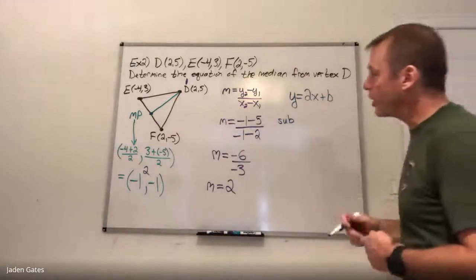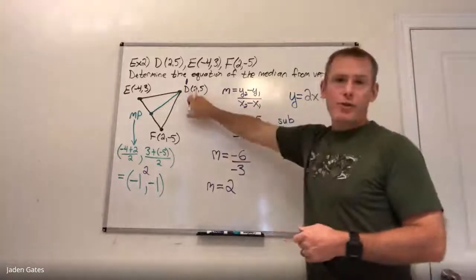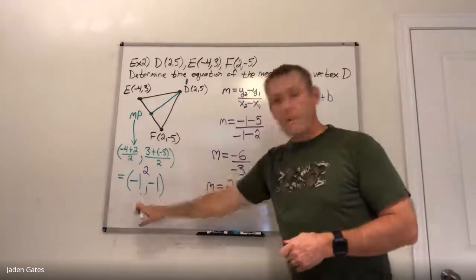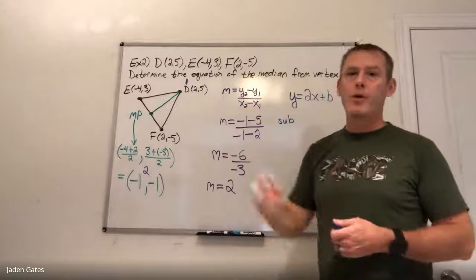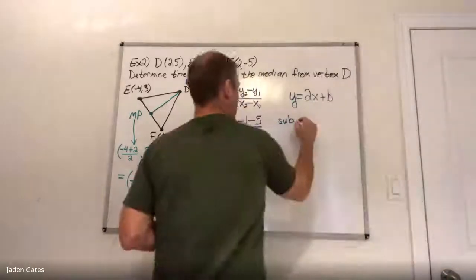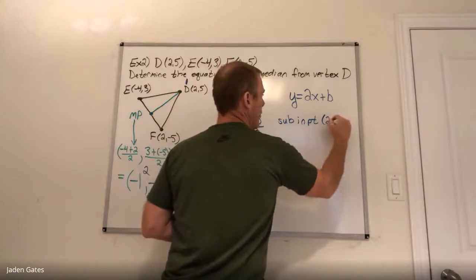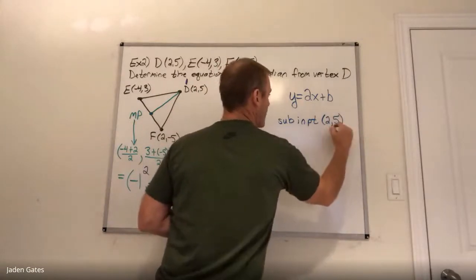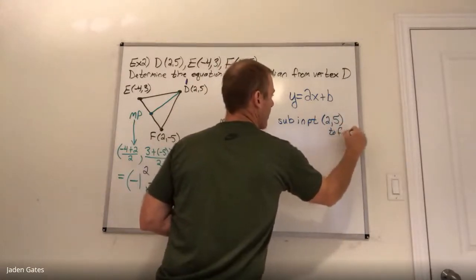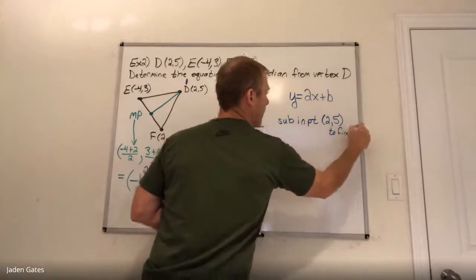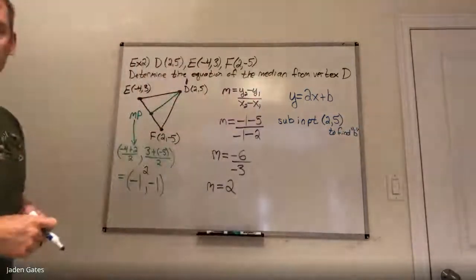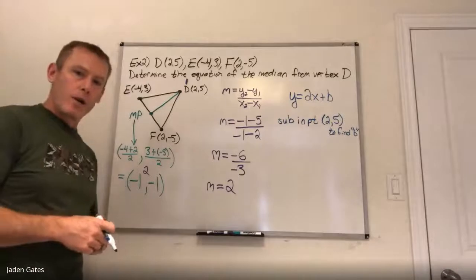Yeah, pros and cons here. I like D because there's no negative numbers, but I also like the midpoint because they're both the same number. I'm going to go with D. So I'm going to sub in point D, which is 2, 5, to find b. And again, once I know b, I already know the slope, I can write the equation of the line.